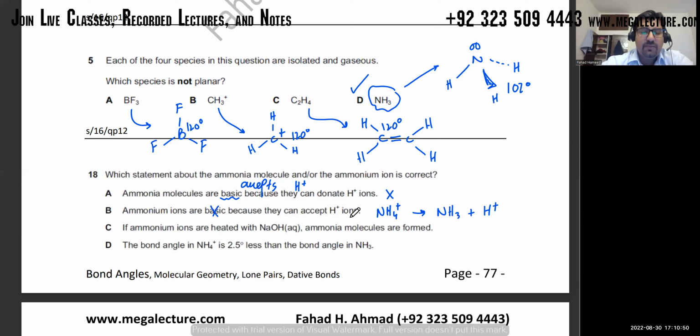If ammonium ions are heated with NaOH, ammonia molecules are formed. This is correct. It's a reaction where any ammonium salt, if you react it with a base like NaOH, what happens is that salt, water, and ammonia are produced.